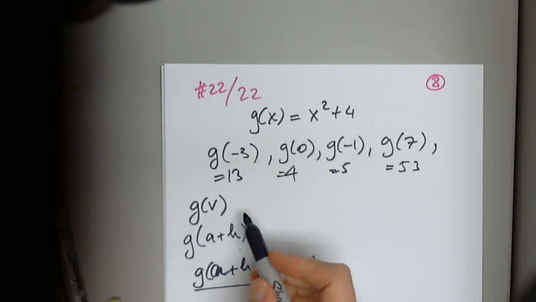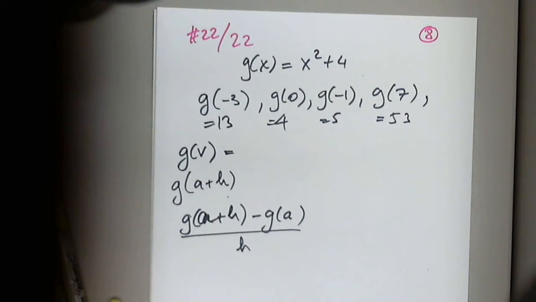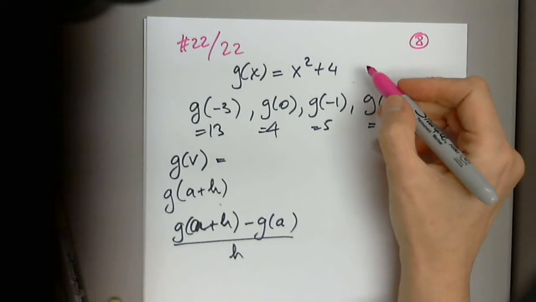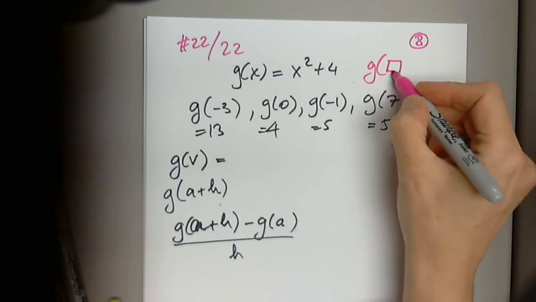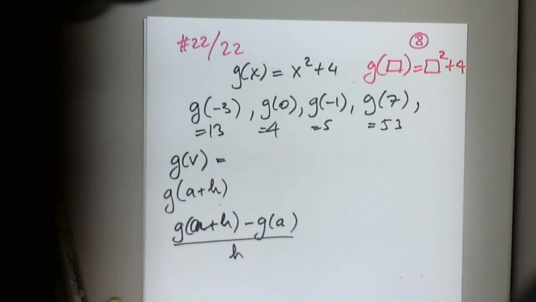But now when it comes to g of v, I just want to draw your attention to how to read any function. What is this function telling me? It says you can apply it to whatever, as long as you perform the pattern of whatever squared plus 4.